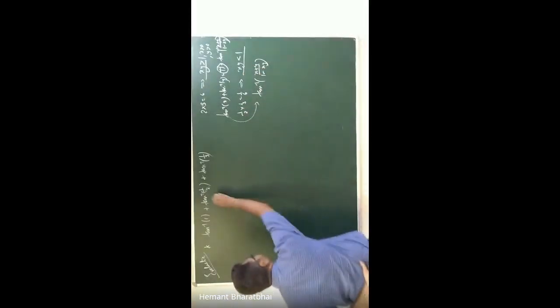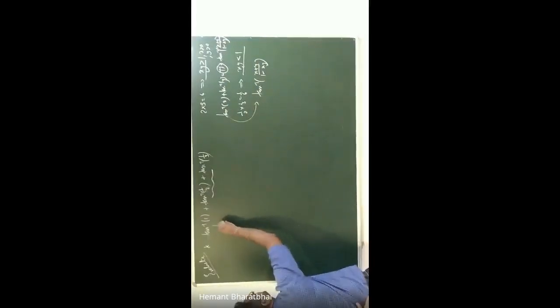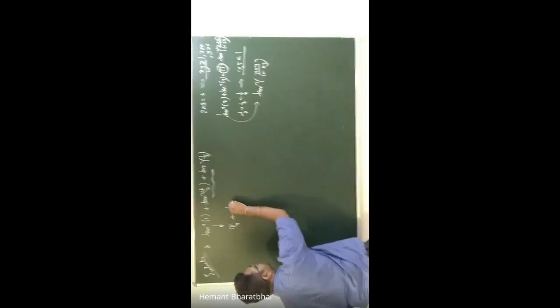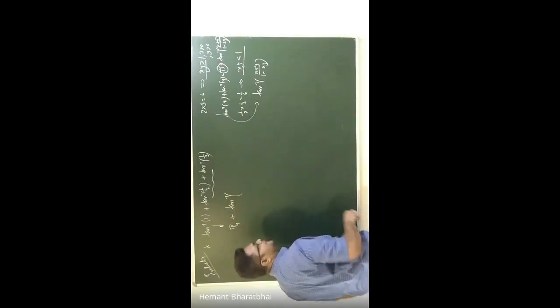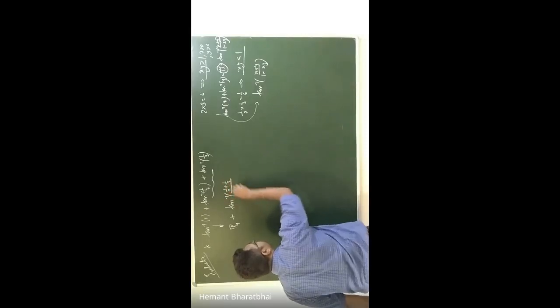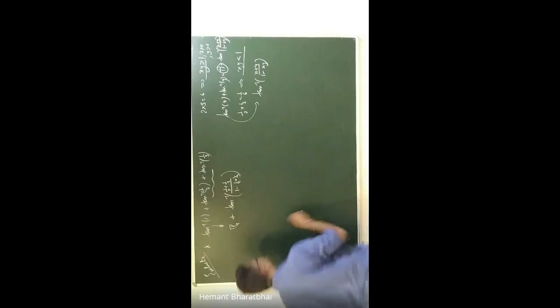So tan inverse of 1, we know, is nothing but pi by 4. So here it will become directly, there will be no pi term, it will be tan inverse of x plus y. That will be 1 by 2 plus 1 by 3 upon 1 minus 1 by 2 into 1 by 3.